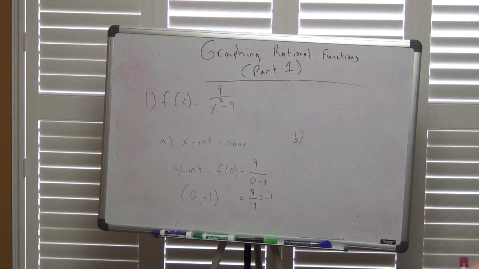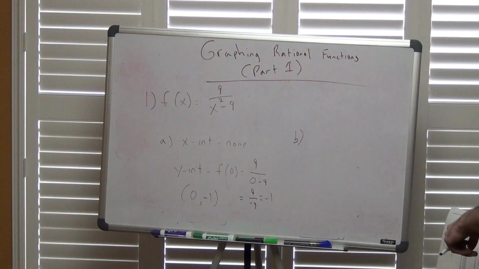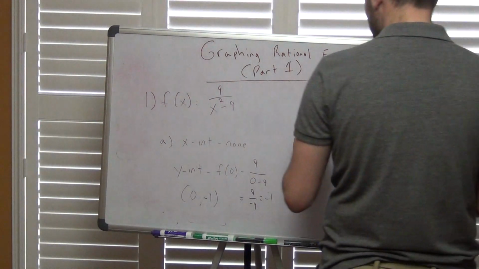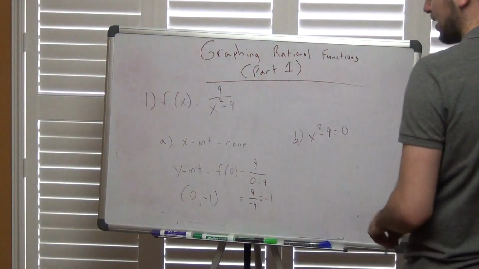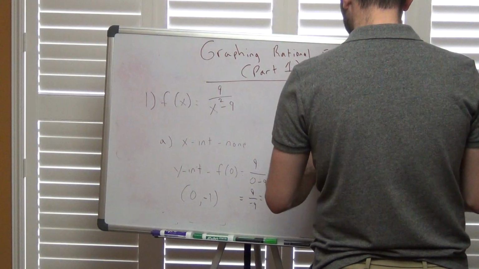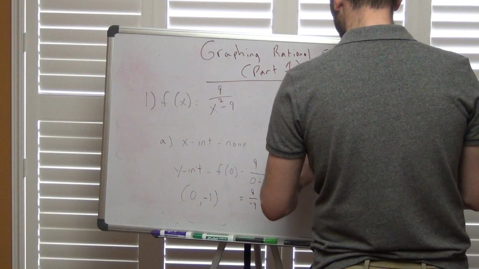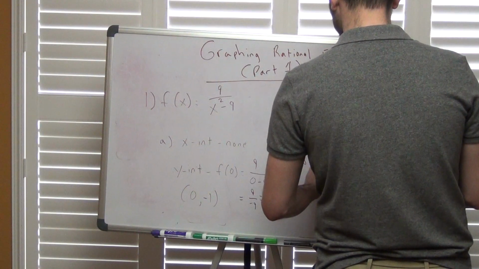So again, my vertical asymptotes are going to be where the function's undefined, so where the denominator equals 0. So I'm just going to set x squared minus 9 equal to 0. Again, if you want to factor that and then solve it, that's the same thing. So I would get x squared equals 9. So square root each side. So you would get x equals plus or minus 3.